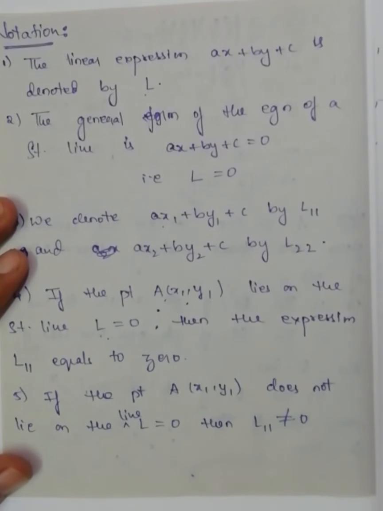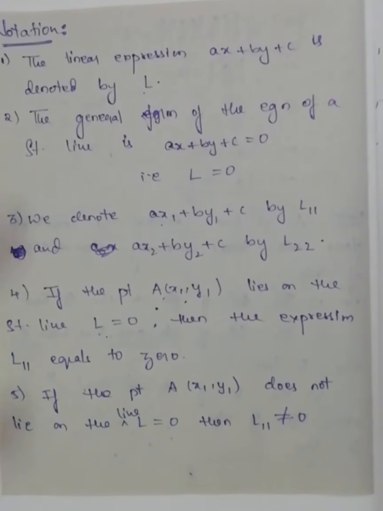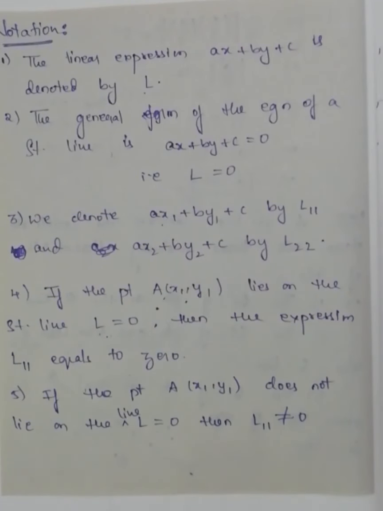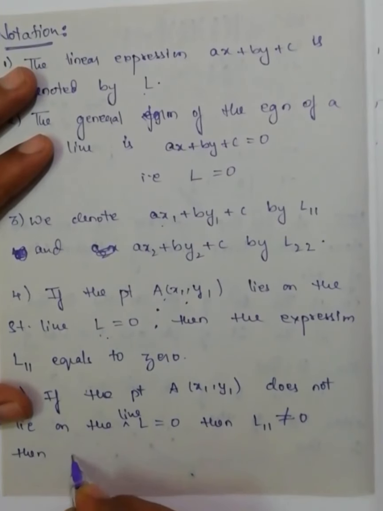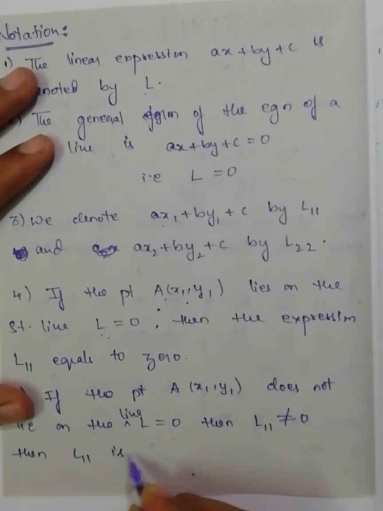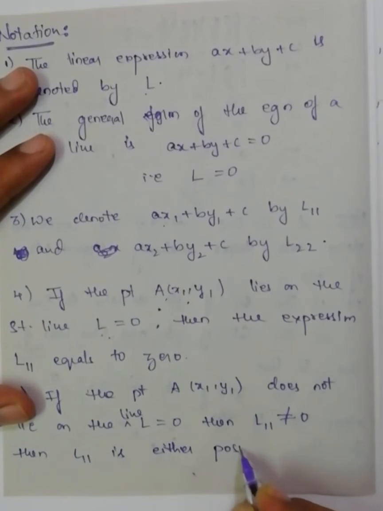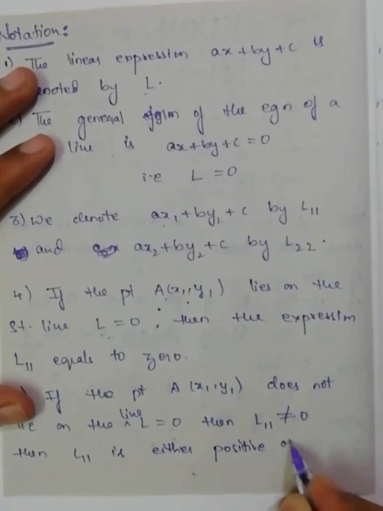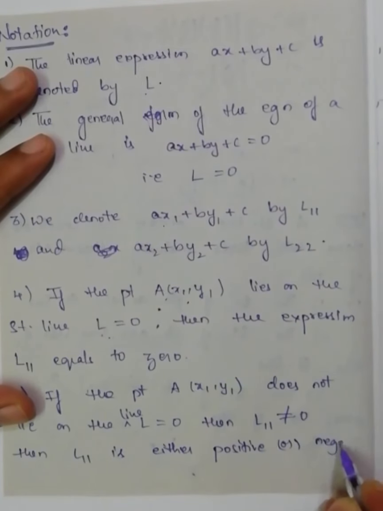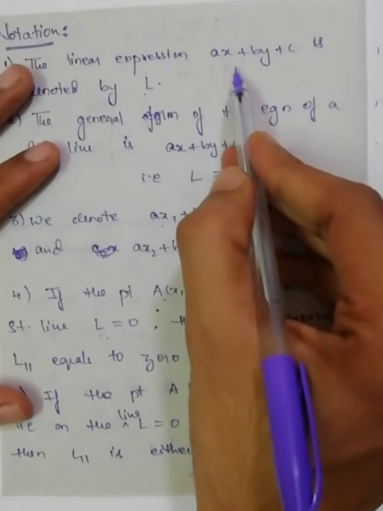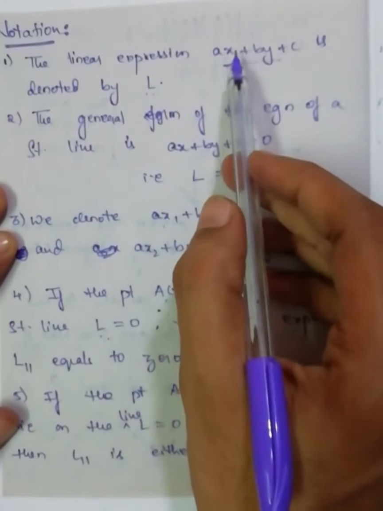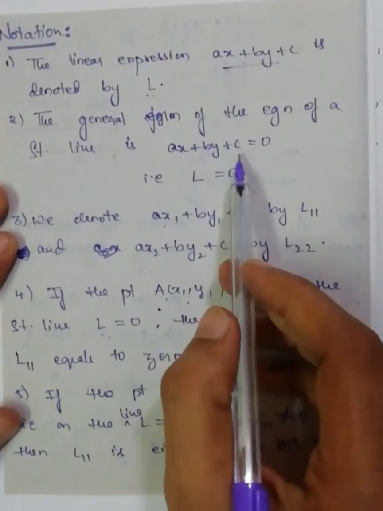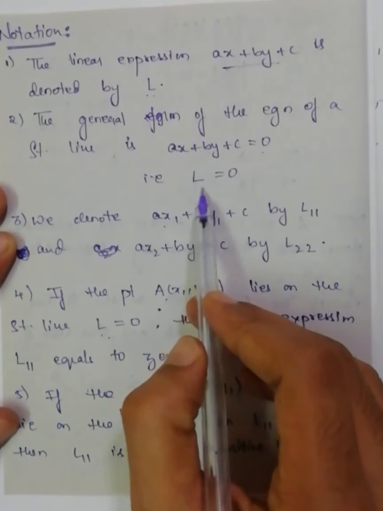If L11 is not equal to 0, then L11 is either positive or negative. So what we have learned now, this expression is denoted by L, and the general form of equation, ax plus by plus c is equal to 0, represents L is equal to 0.